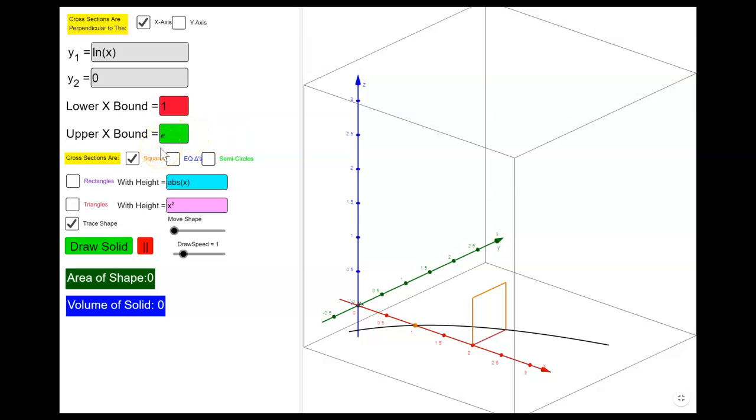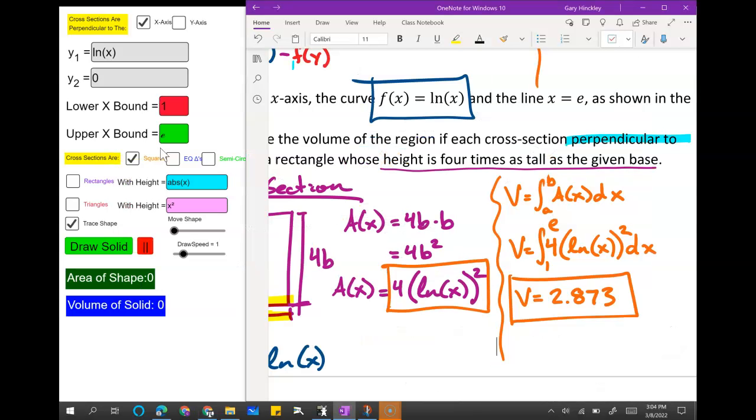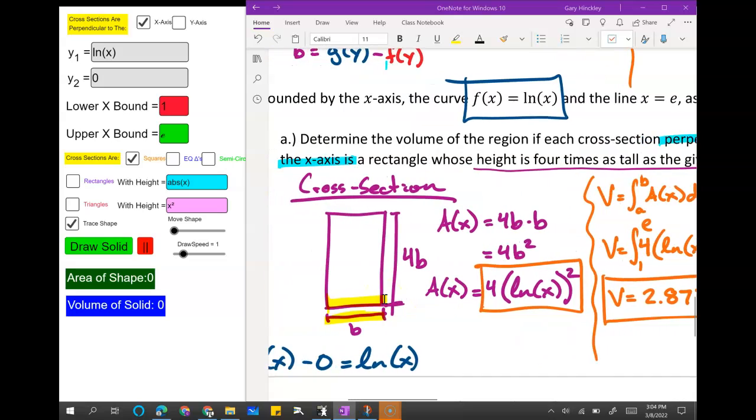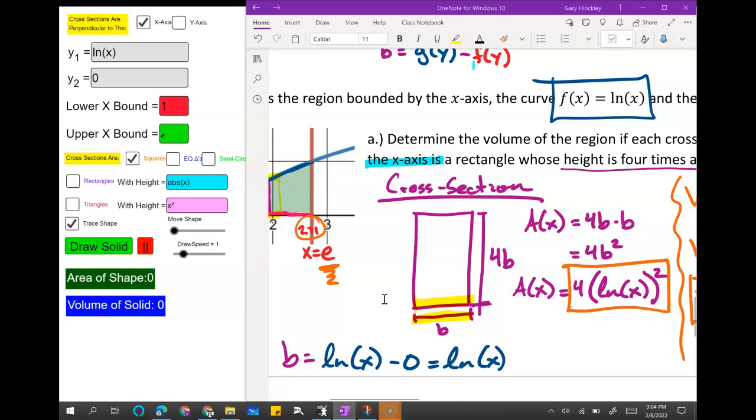And then what were we doing? We're doing rectangles. So let's go ahead and look back at that here. So what was our base? Okay, so we're going to do rectangles with the height. Height was 4b. Our base is just ln of x.